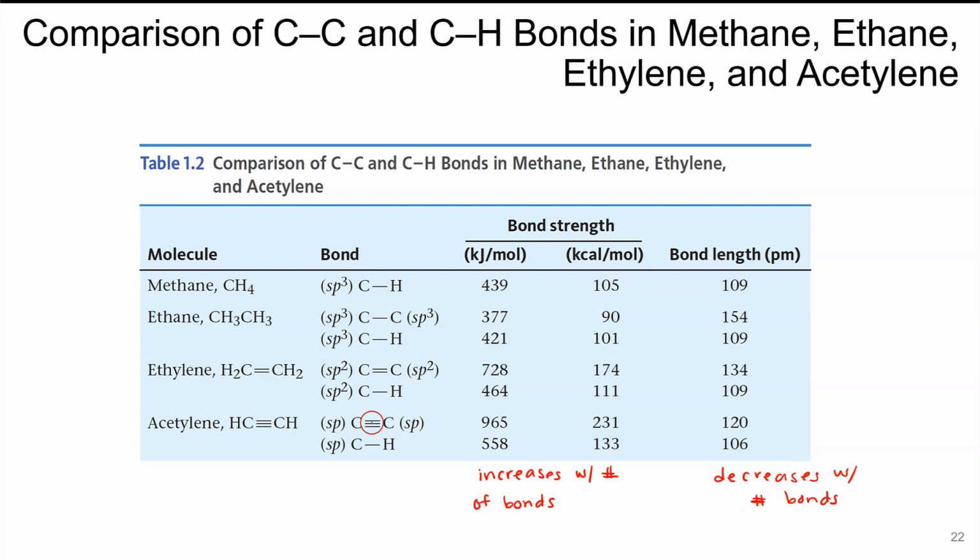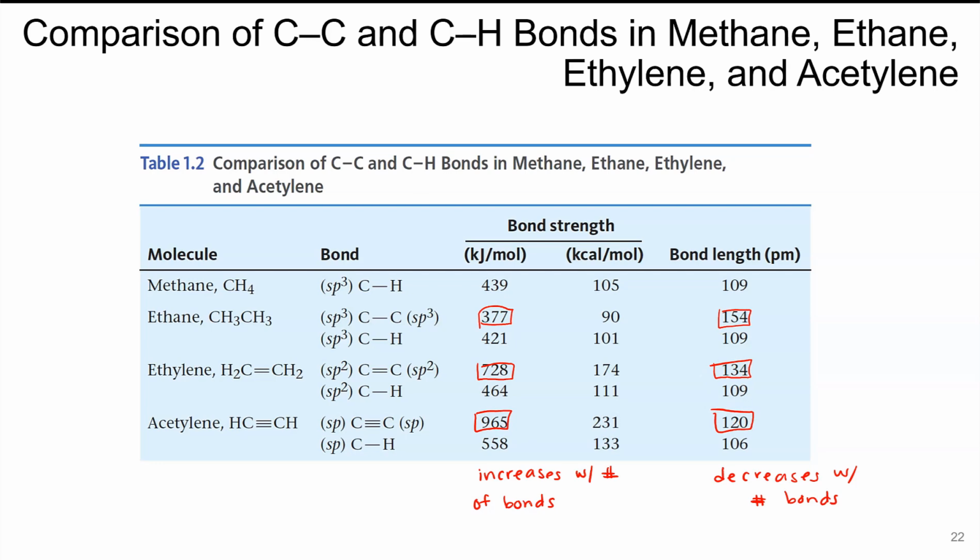And you really want to pay attention to the carbon-carbon. The trends are the same for hydrogen. But if we're comparing carbon-carbon bonds here, the 377, 728, 965, these bonds are getting stronger if we look at kilojoules per mole, and the bond length goes from 154, 134 to 120, are getting shorter.